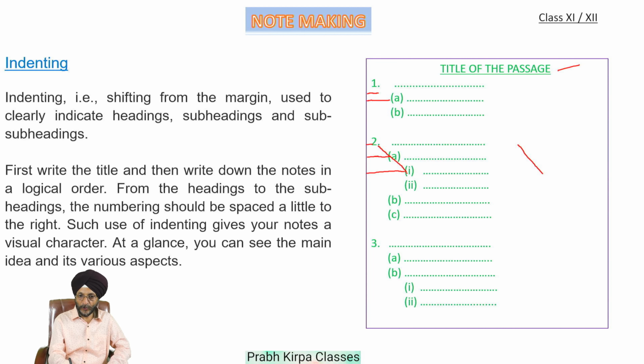If we are writing 2a1, then 2a2, it is in the same line as 2a1. Such use of indenting gives your notes a visual character. It gives a clear picture of the notes which you are making. At a glance, you can see the main idea and its various aspects.